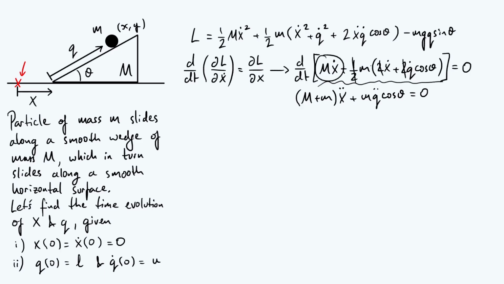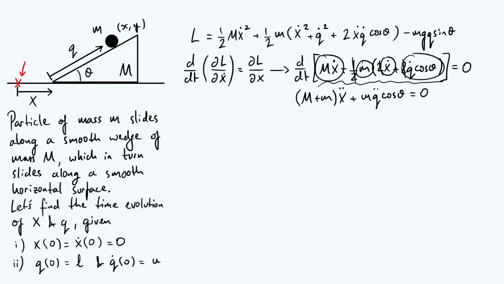Then the remaining terms, lowercase m times x dot plus lowercase m times q dot cos theta, sum to the linear momentum of the particle in the x direction. That last term is necessary because you have to resolve your q velocity q dot into the horizontal direction, hence the cos theta.